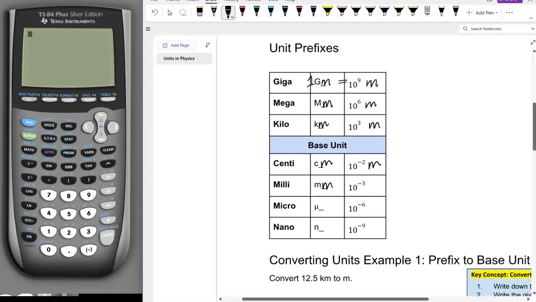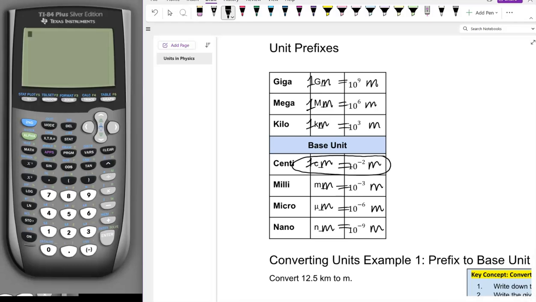If you're working on a length or a distance, you could fill in meters on each of these, and you could put an equal sign between each one. So each of these is just a 1. Another example, 1 centimeter is equal to 10 to the negative 2 meters. 1 millimeter is equal to 10 to the negative 3 meters.